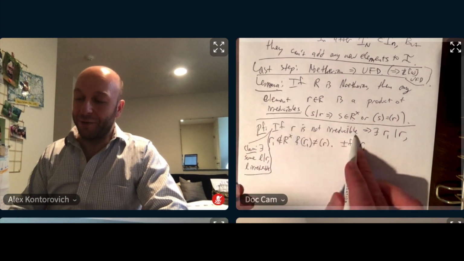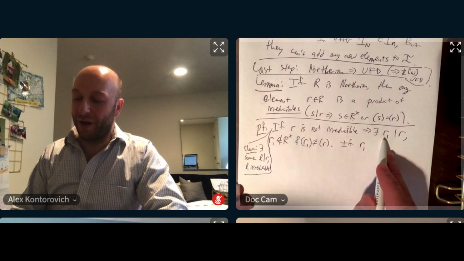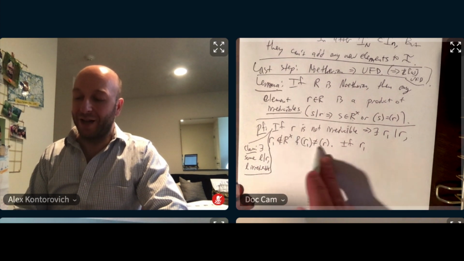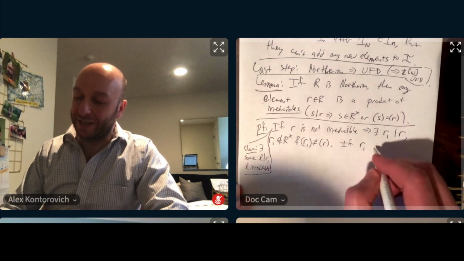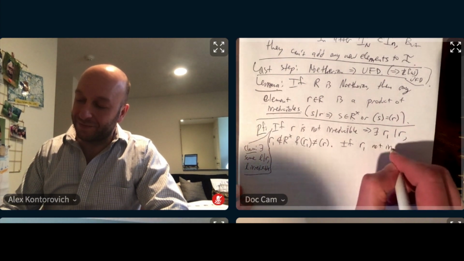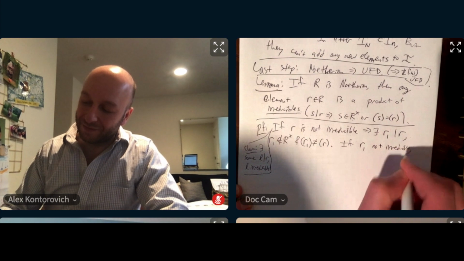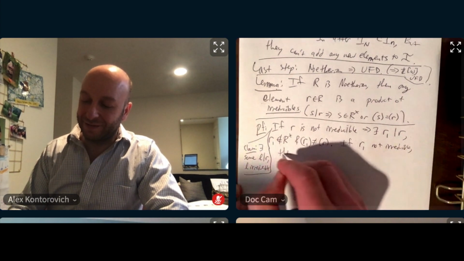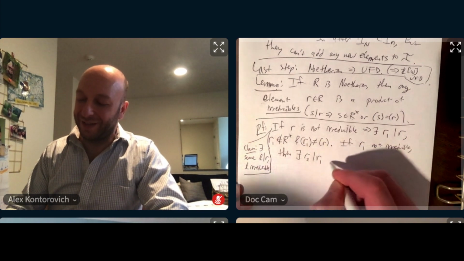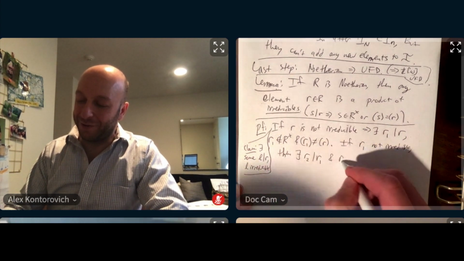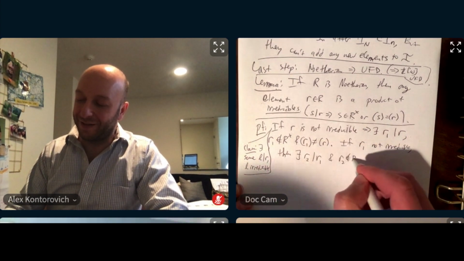So if it's not irreducible, then there's some element which is not a unit and which is not all of R that divides R. And if R1 is itself not irreducible, then there exists R2 that divides R1. And R2 is not a unit.